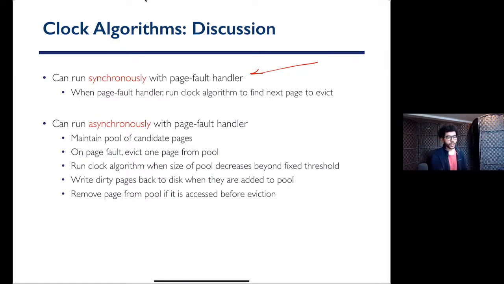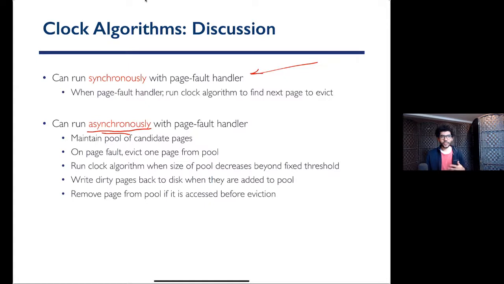Now, the other alternative is to run it asynchronously, meaning that instead of waiting for a page fault to happen, you can already identify who's the next victim, so that when a page fault happens, you already know your victim and you can just evict them. This basically means that periodically you can run your clock algorithm and then have a list of victims.